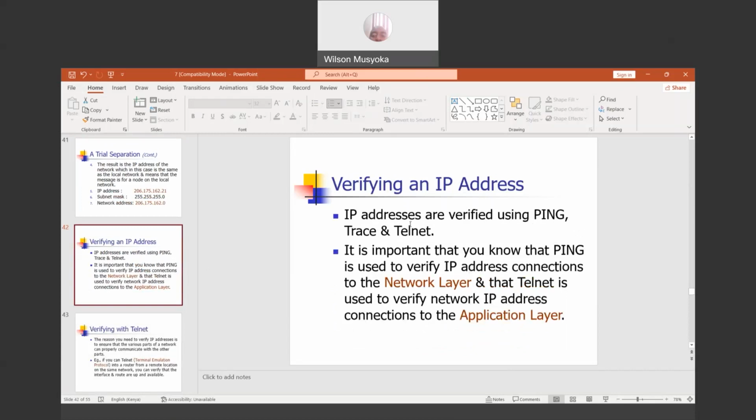If an IP address is verified using ping, trace, and telnet, things we shall try, then it is important to know that ping is used to verify IP address connections to the network layer, and that telnet is used to verify IP address connections to the application layer, which we shall try out practically.